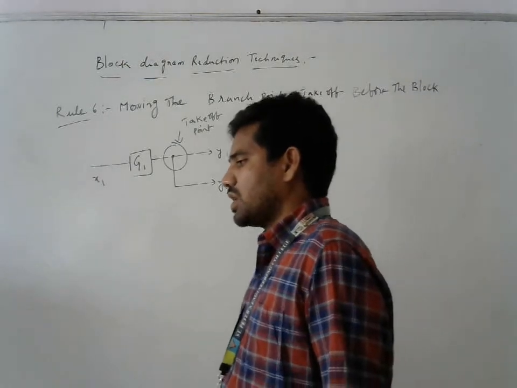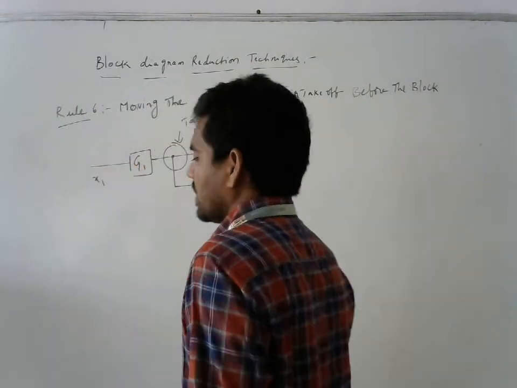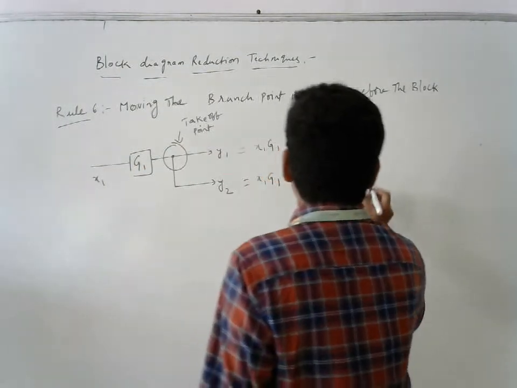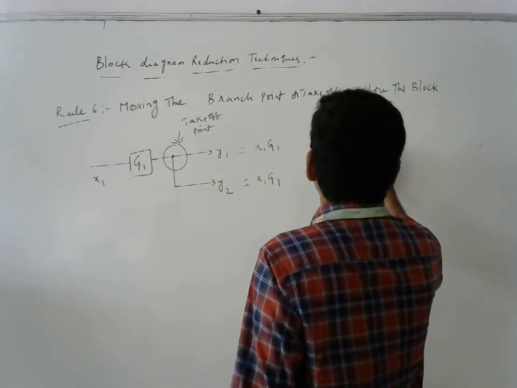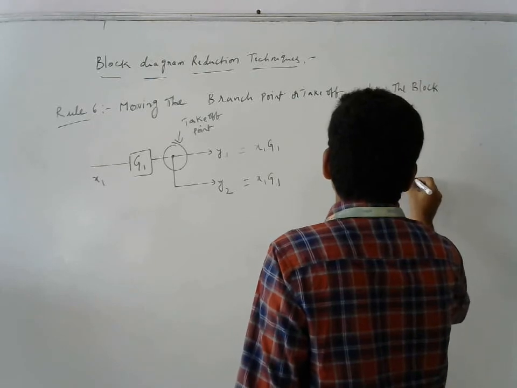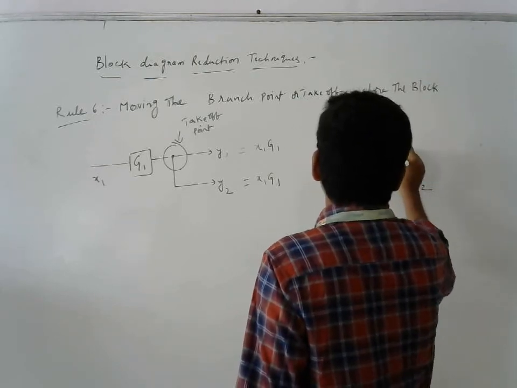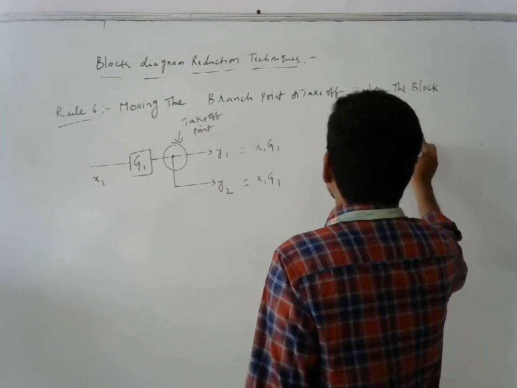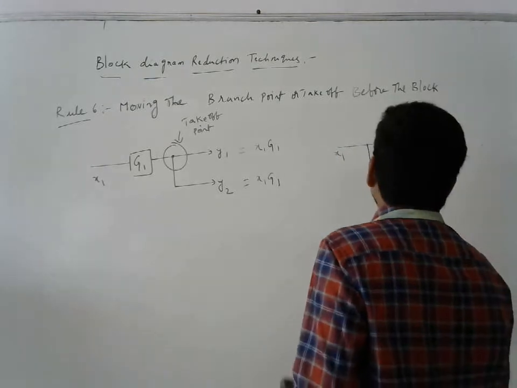The outputs are both the same, x1 into g1. Now the same thing I am going to shift here. This is our y2 and x1, and this is g1, this is y1.